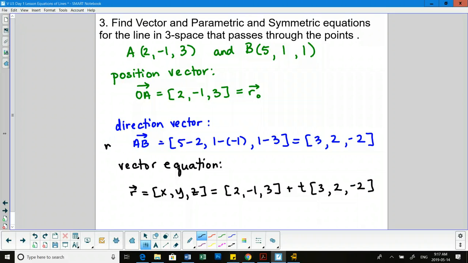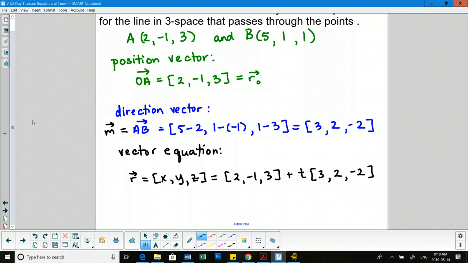So this AB is going to be our m vector. Same equation as before. Again, this is our r naught vector, and this is our direction vector.